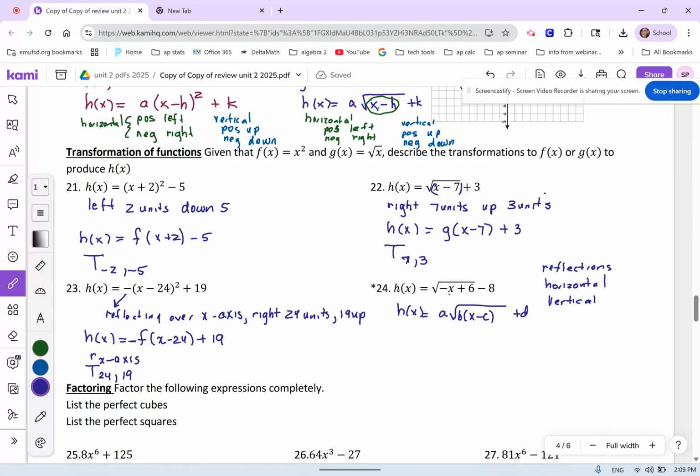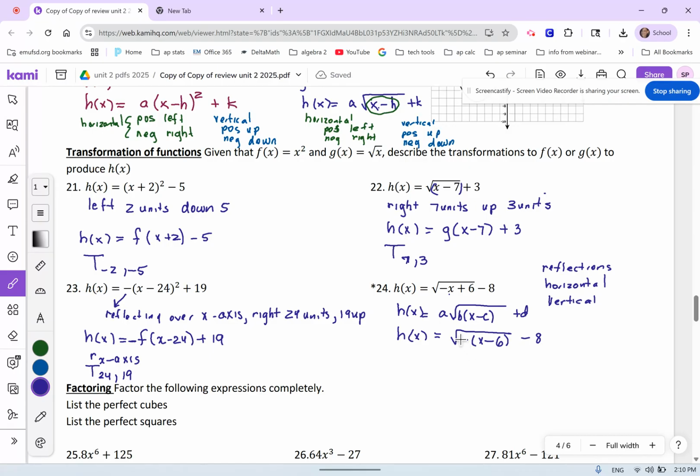Before we can figure out the movement by just looking at the function, we have to factor out that negative x. So it's equal to the square root of negative x minus 6, sorry about that, minus 8.